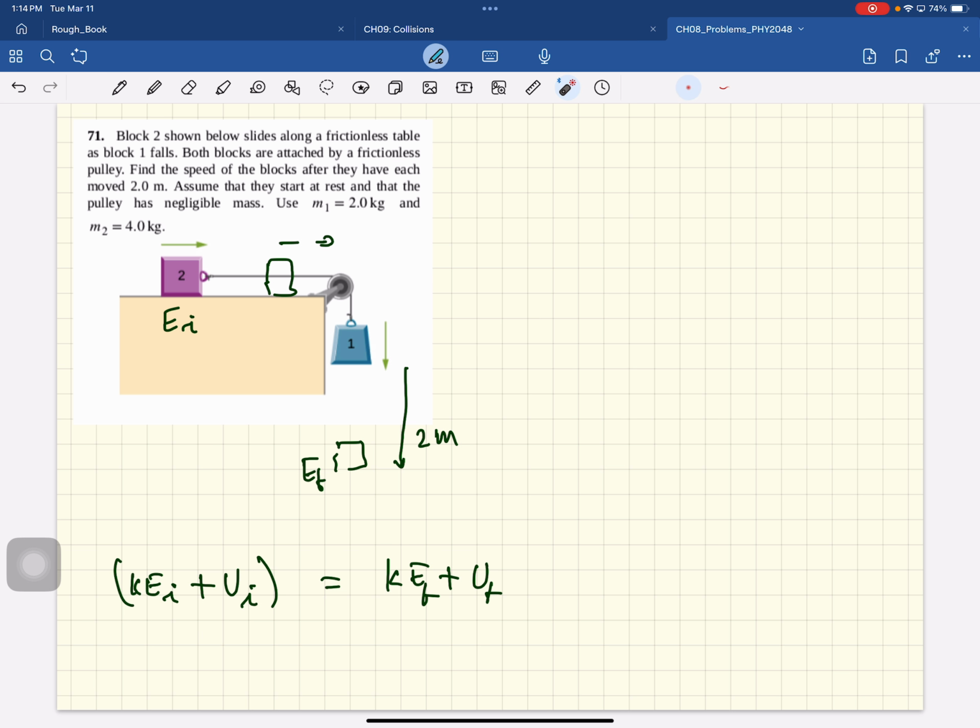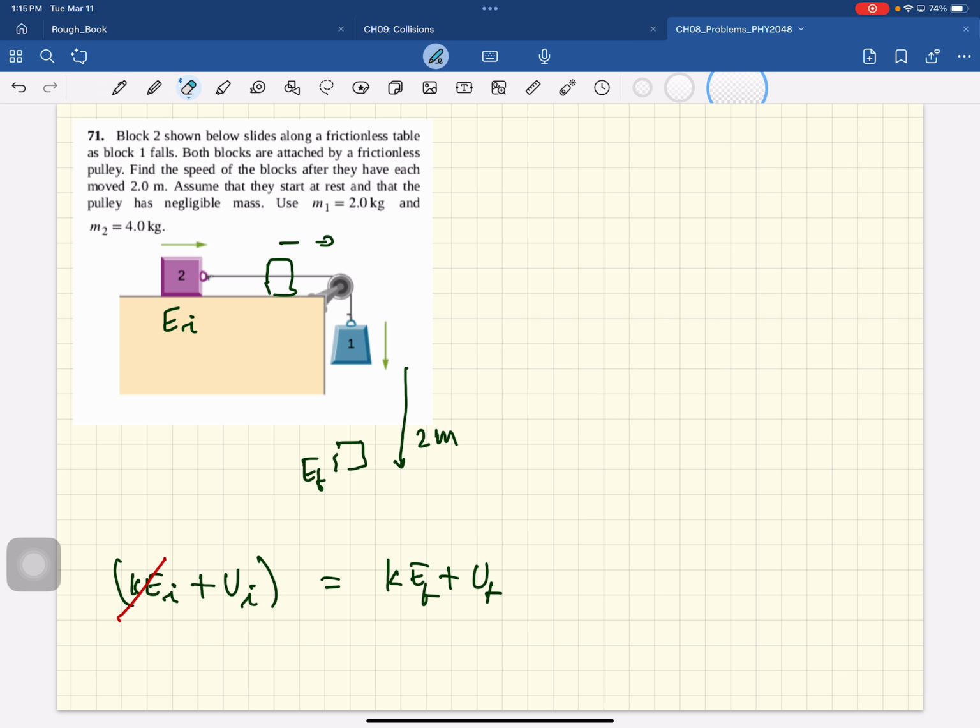That's kinetic energy of both the masses initially, kinetic energy of both the masses finally. This is 0. We'll say only this guy's potential energy changes, and we'll take this y to be 0, so the final potential energy is 0 and it has only initial potential energy.